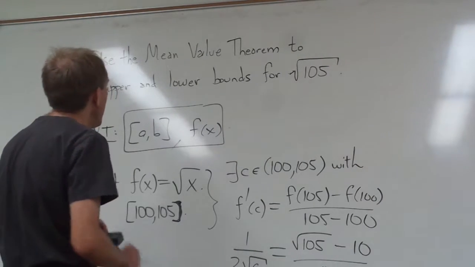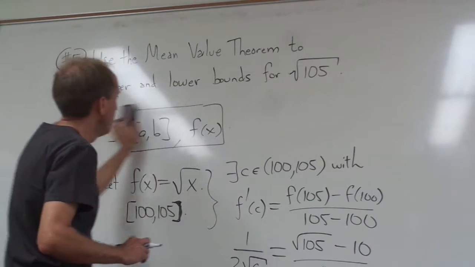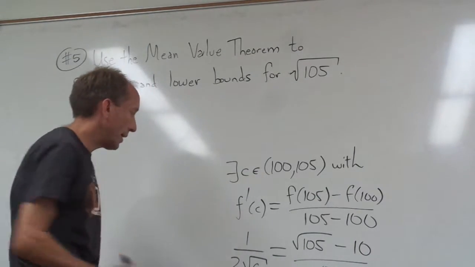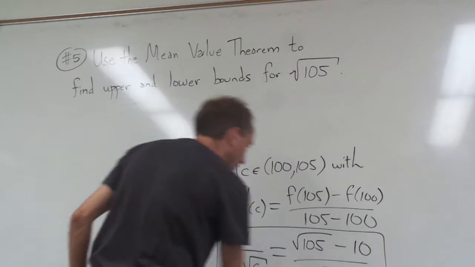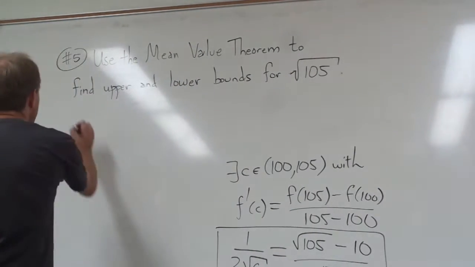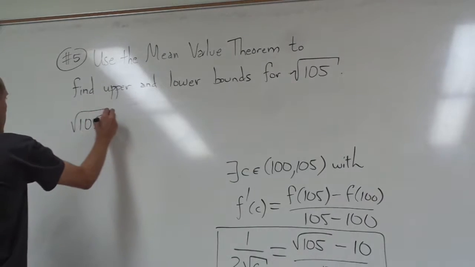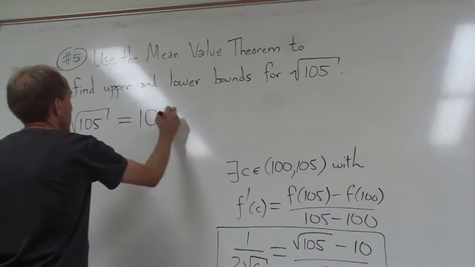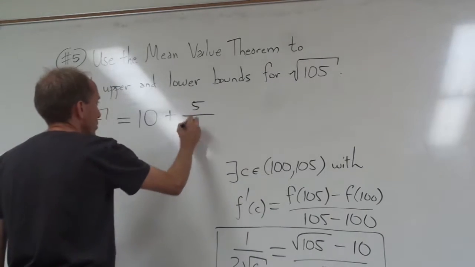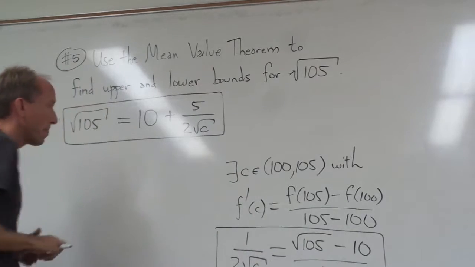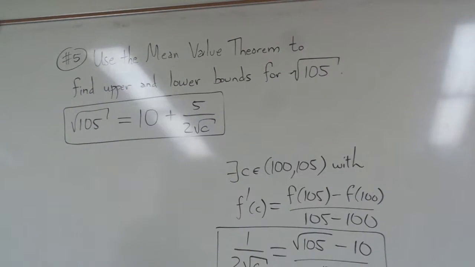Based on that, I can already write down a formula for the square root of 105 if I solve for it. So what would it be? The square root of 105 would equal 10 plus 5 over 2 radical c. Okay, so far so good.